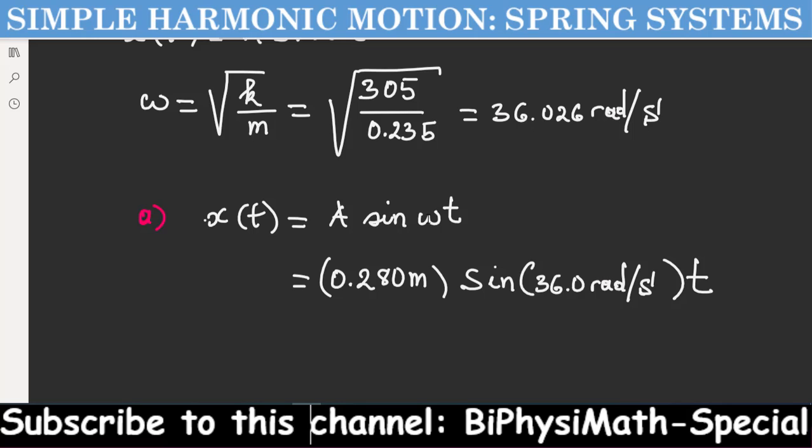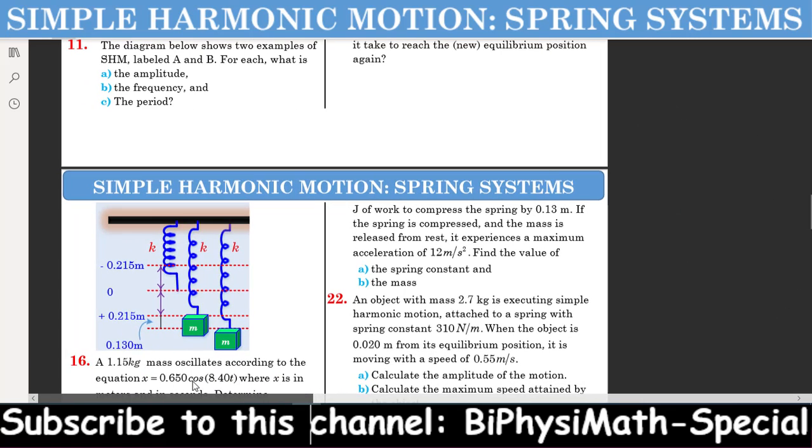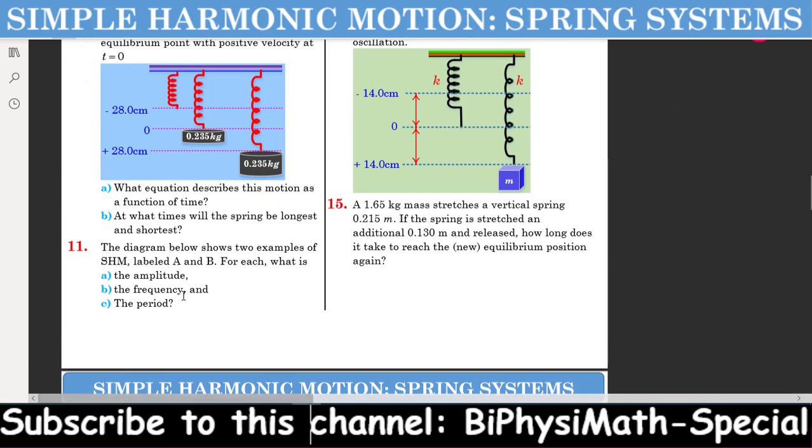This is the required equation, the equation that describes the motion.